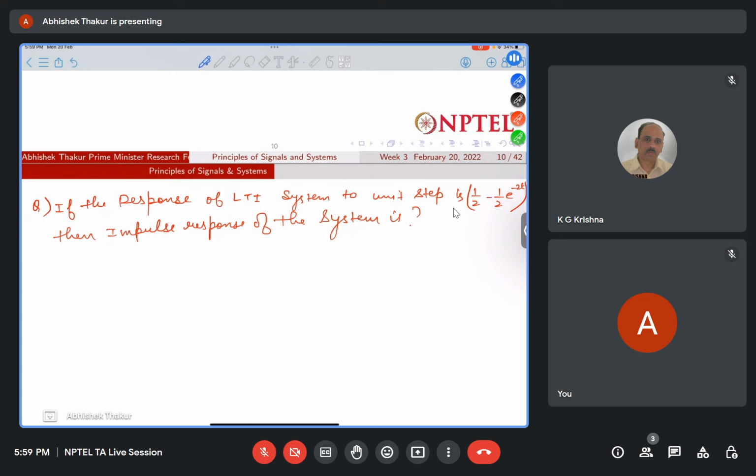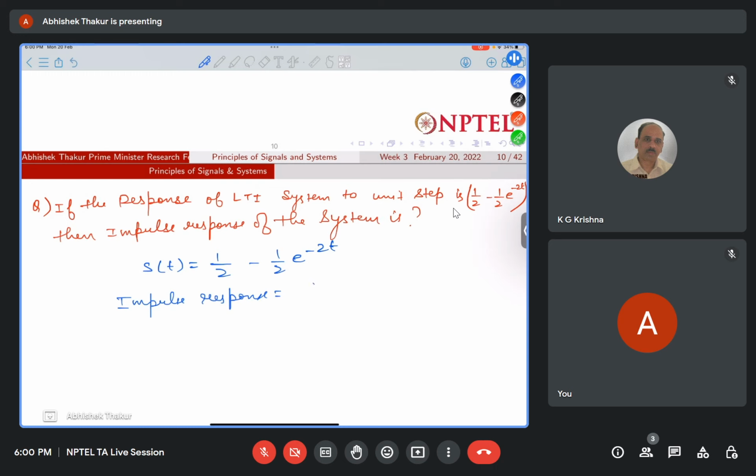So this is a very simple question. In the question it is given that the response of the LTI system when the unit step is given as the input is 1 by 2 minus half e to the power minus 2t. So our step response st is given as half minus 1 by 2 e to the power minus 2t. Now we have to find the impulse response.